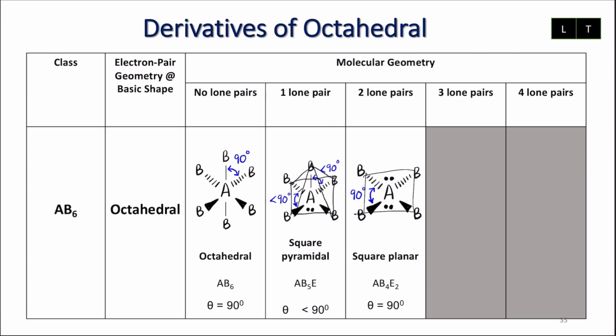So this is the shape for square planar where the class will be AB4E2. And the bond angle between two bonding pairs is 90 degree. This is because the repulsive force between the lone pairs opposite to one another is the same. So that's why the repulsive force is equal, and that is why the angle remains 90 degree.